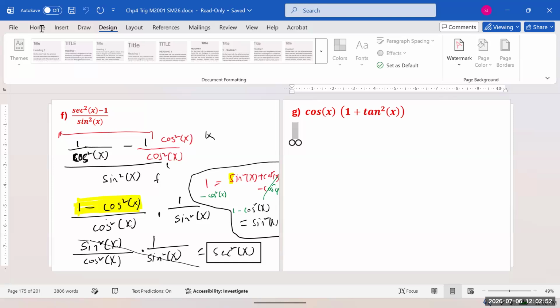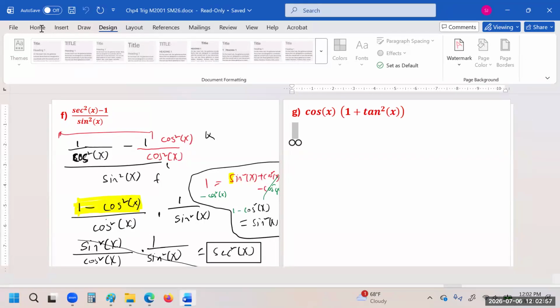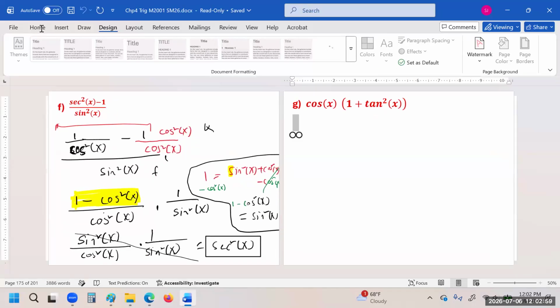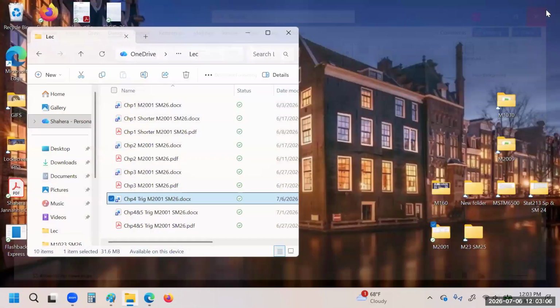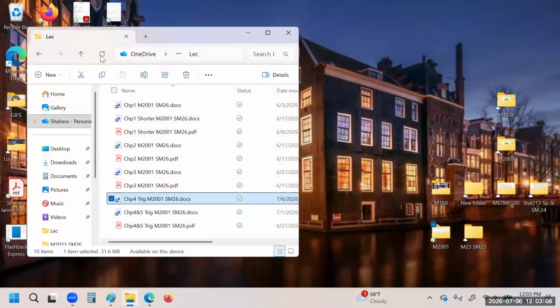Why do I have read only version? Refresh.